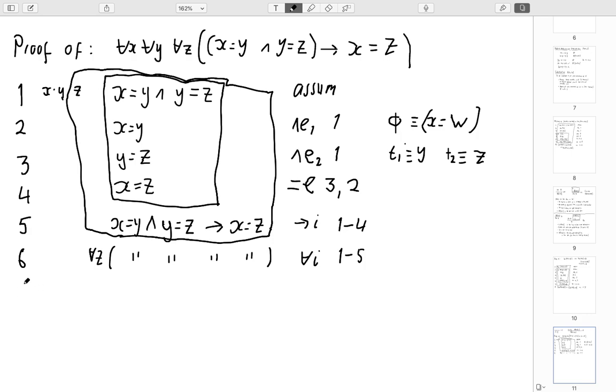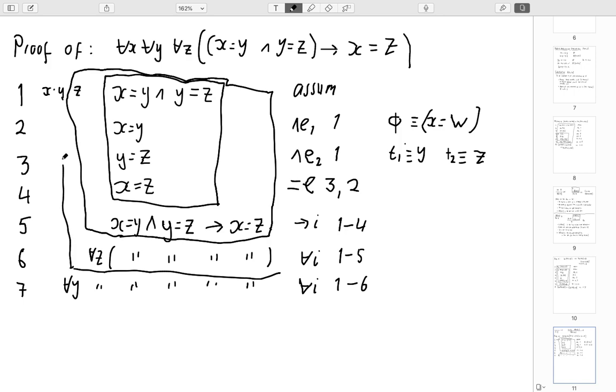And in the same way now it's okay to put in for all y. And now we've got, so this is by for all introduction 1 to 6. And again, draw another box.